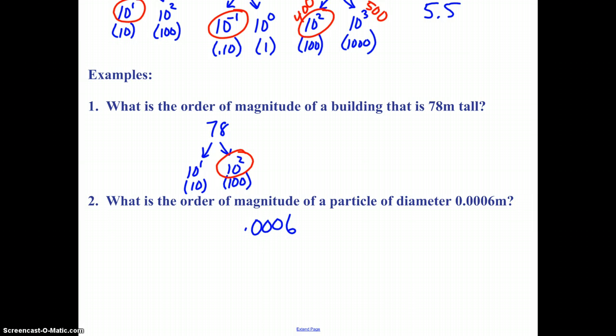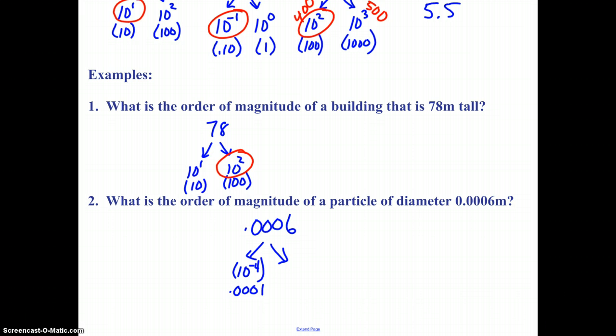0.006. What is the order of magnitude of a particle diameter of 0.006 meters? On the low side, that would be 0.0001, which is 10 to the negative 4.